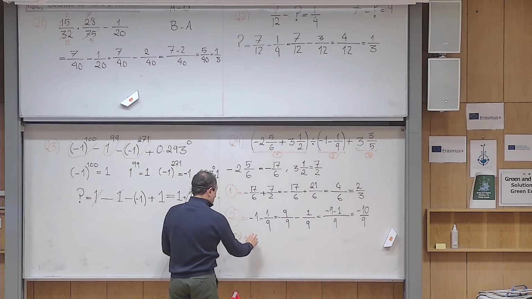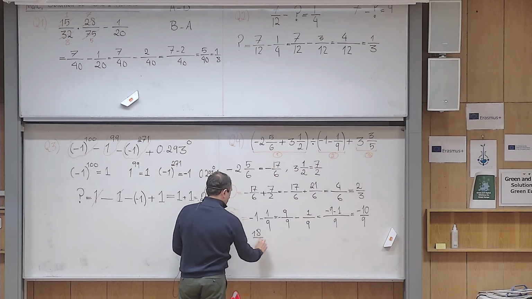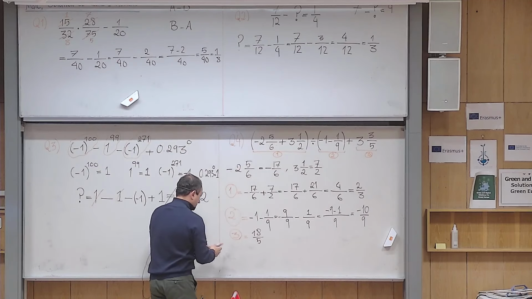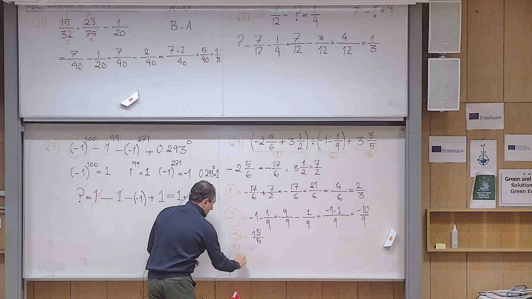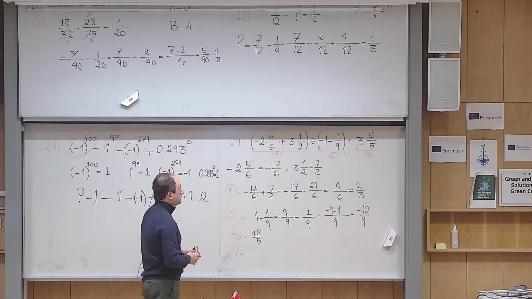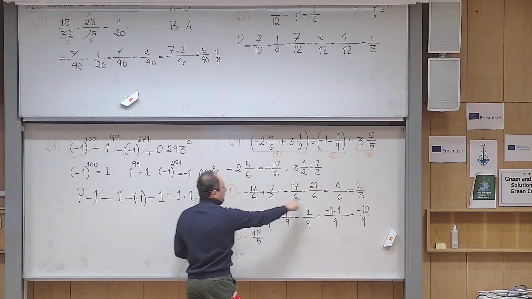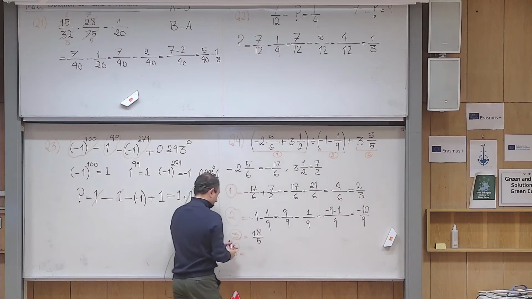So it becomes 18 over 5. And then finally, for the whole question, I have to glue them in one place. Instead of 1, I put 2 over 3.